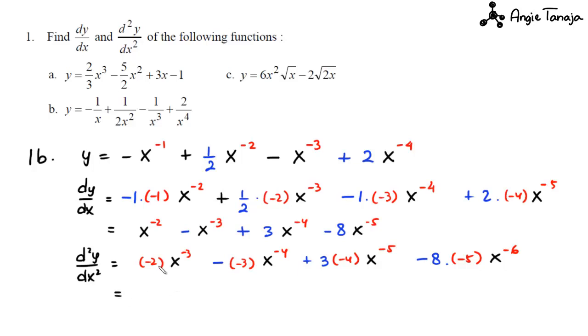So to simplify, this will be negative 2 x to the negative 3, and then positive 3 x to the negative 4, minus 12 x to the negative 5, and positive 40 x to the negative 6. So far so good?